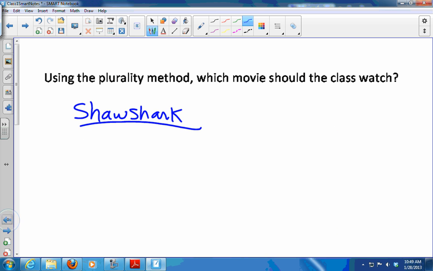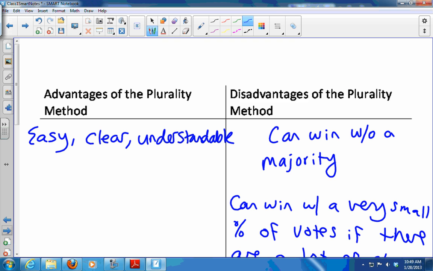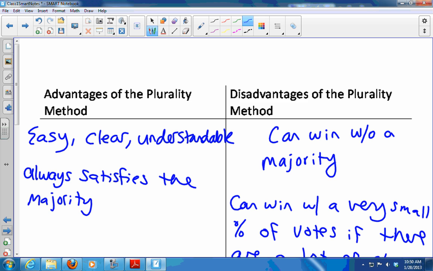So maybe we should add that to the advantages: it always satisfies the majority criterion, meaning it is impossible to get a majority and lose. You can win without a majority, but we have not violated this criterion.